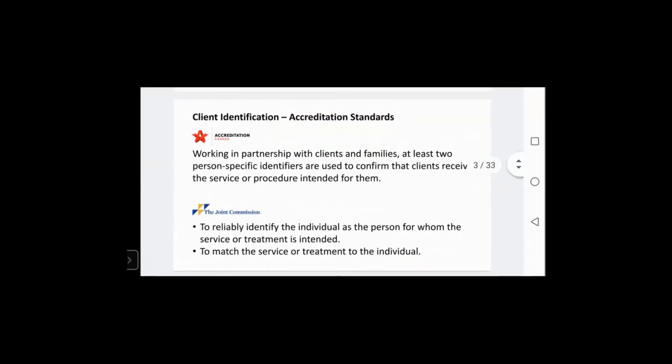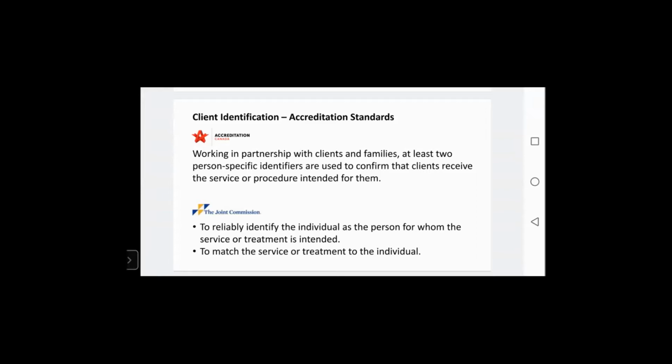According to Canadian accreditation, we need to work in partnership with clients and families. At least 2 person-specific identifiers are used to confirm that clients receive the service or procedure intended for them. And according to the Joint Commission, we need to reliably identify the individual as the person for whom the service or treatment is intended, and to match the service or treatment to the individual.